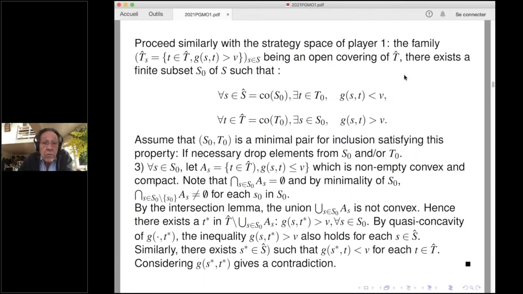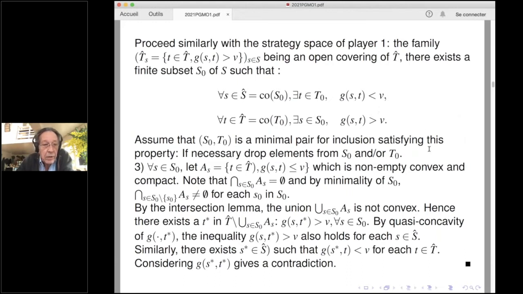There are two finite subsets S0 and T0 of S and T, such that denoting by S hat the convex hull of the finite subset S0, for every S in S hat, there is a T in T0 such that G of S,T is smaller than V. And for every T in T hat, there exists S in S0 such that G of S,T is greater than V. I can assume that this family is minimal, otherwise I just drop one point.